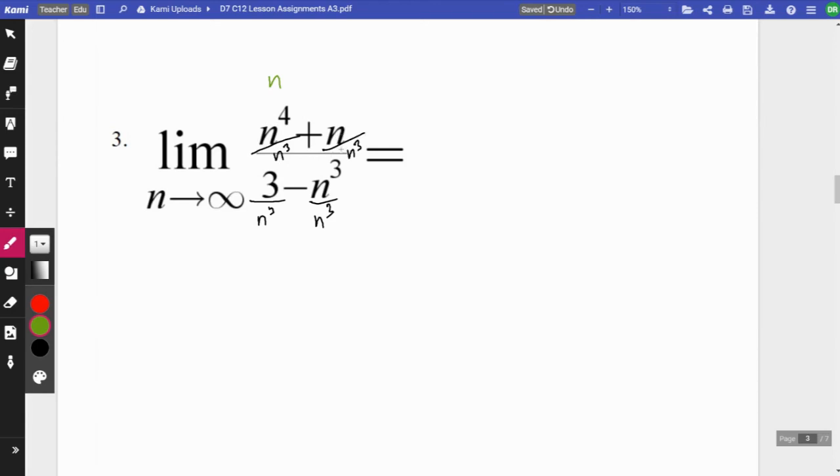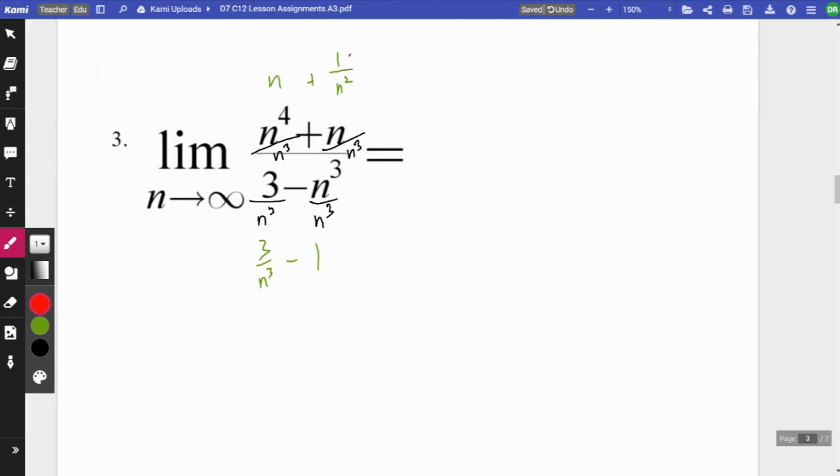Somewhat similar in the opposite direction on the next one, n over n to the 3rd. I would cancel out one n from top and bottom, and I would get 1 over n squared. This is going to stay 3 over n to the 3rd, and n to the 3rd over n to the 3rd is 1. All right, so we can just look at the limits. Some of these terms are going to drop off, particularly the terms that have denominators of n where the tops aren't.